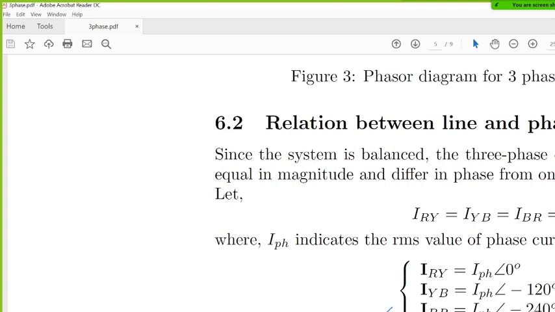So see here, this part is okay. Now we have just put the values from here to here.